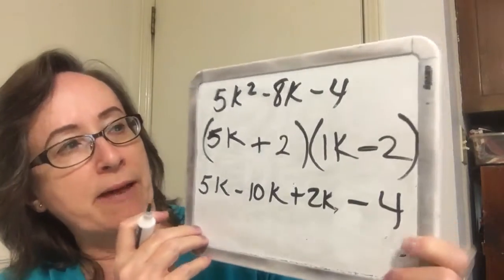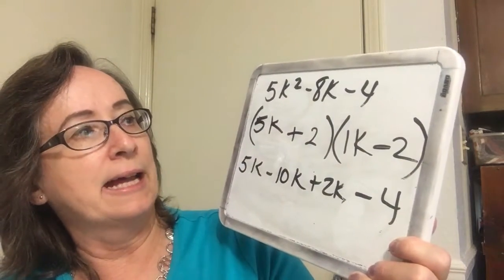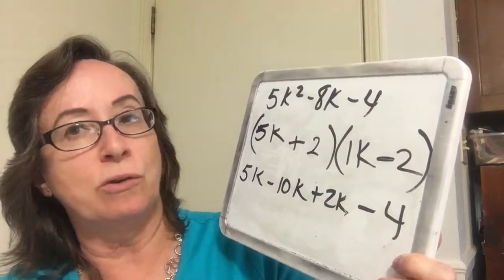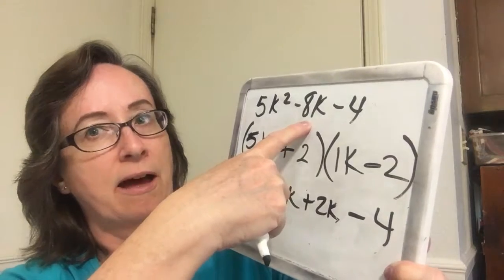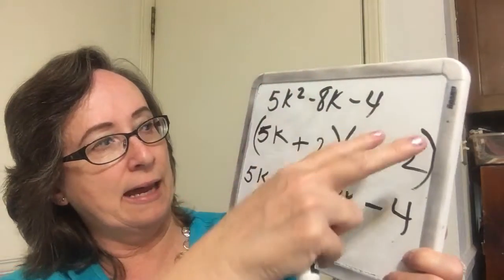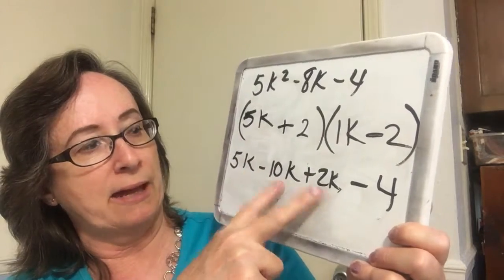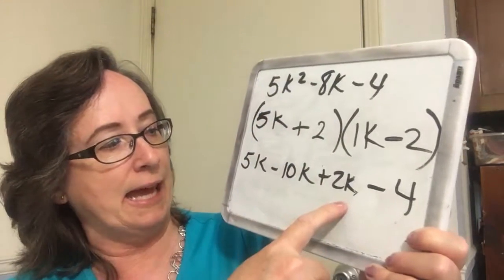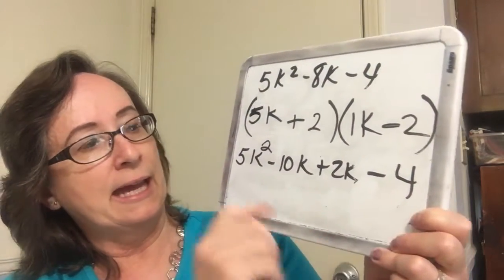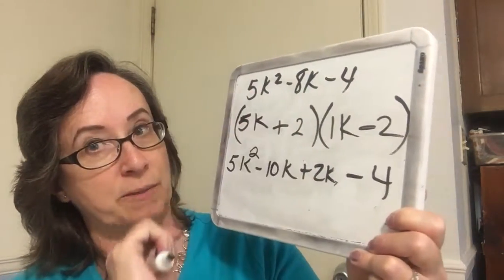So the AC method multiplies the A term and the C term together, and factors it to get a difference of 8. I took the 20 and broke it apart in such a way that I could get a negative 8k. So this, oops, needs a square there, has been written as a 4-term polynomial instead of a trinomial.